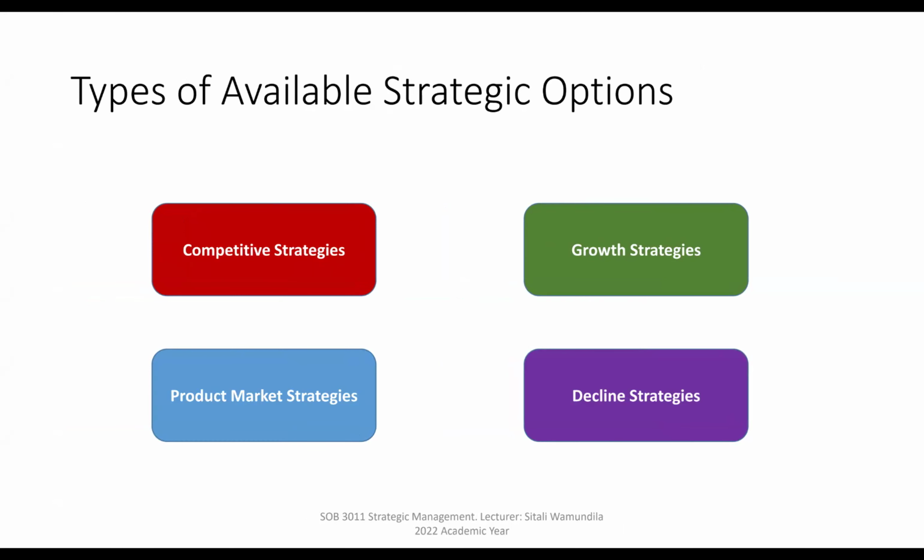So the question is very specific and will always be very specific in terms of the strategies that they want you to use, whether the market competitive, the growth, the product market strategies, or the decline strategies. So for you is to pay attention to the types of the strategic options available. So, let's start going through.